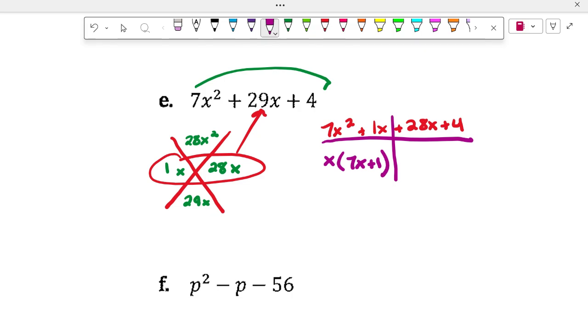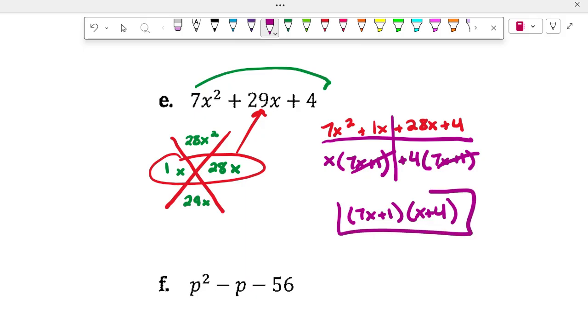GCF of the second group? Plus what? 4. What's left? 7x plus 1. There you go. All right. What's 100% one of my factors? 7x plus 1. Cross those out. I'm left with x plus 4. There you have it.